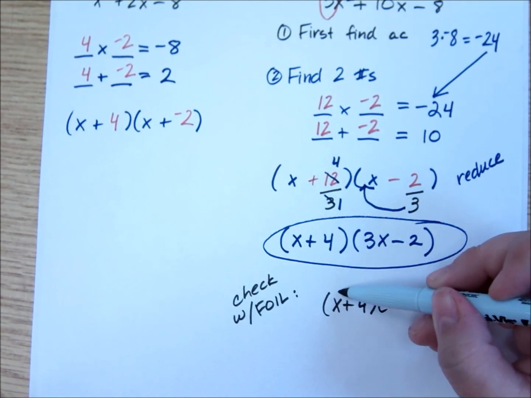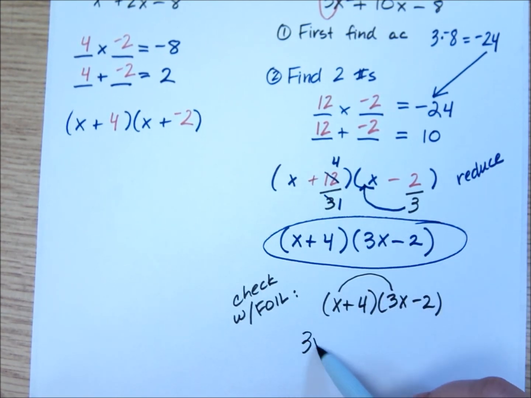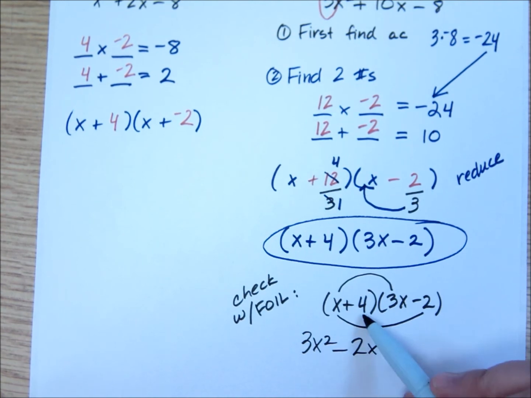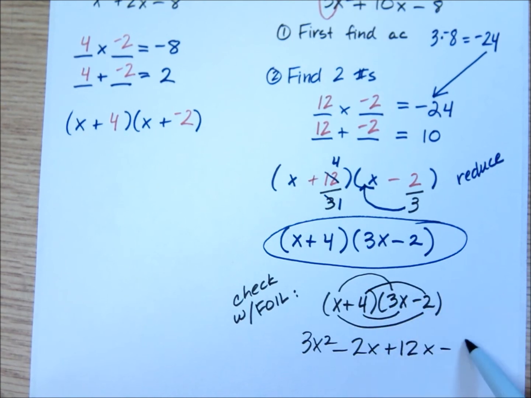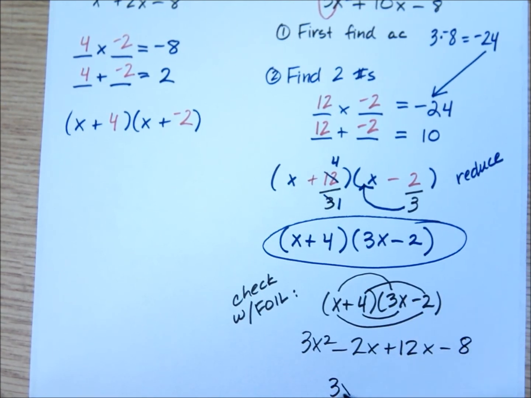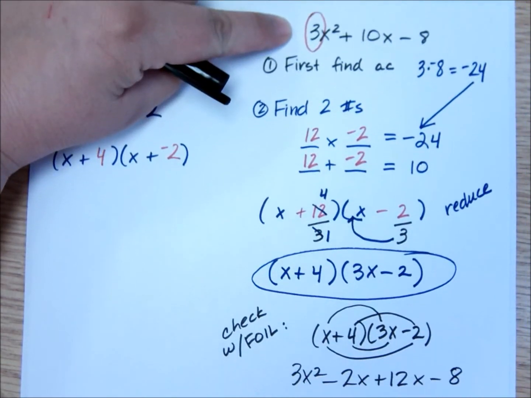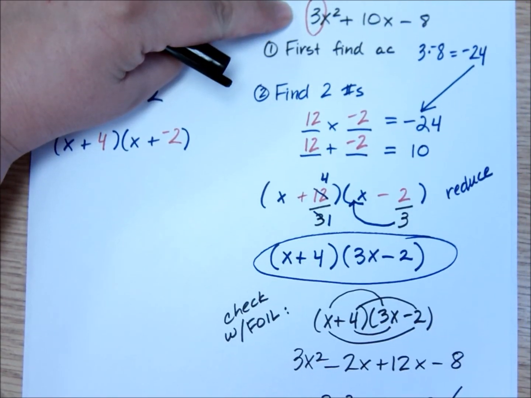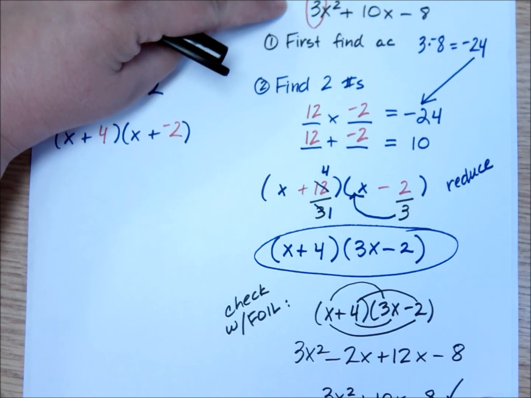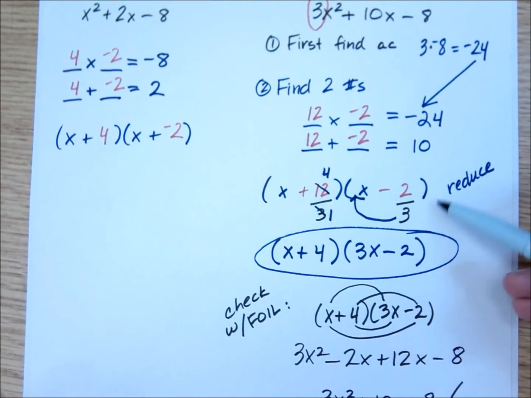So I'm going to do first, outer, inner, last, and then I'm going to combine my like terms, and this matches my original problem. So yes, it checks out. I did the work correctly, and that was my answer right here.